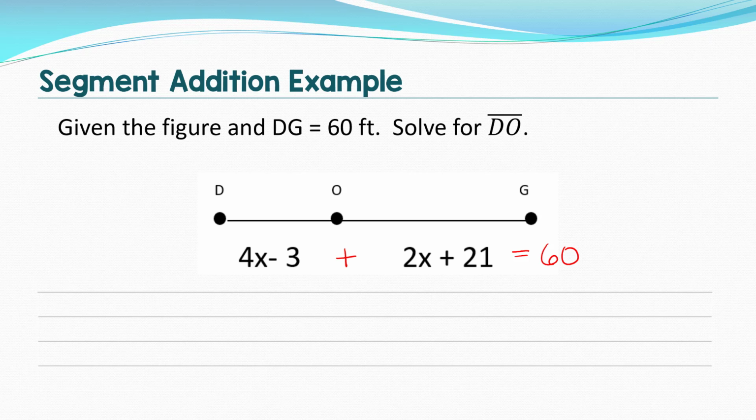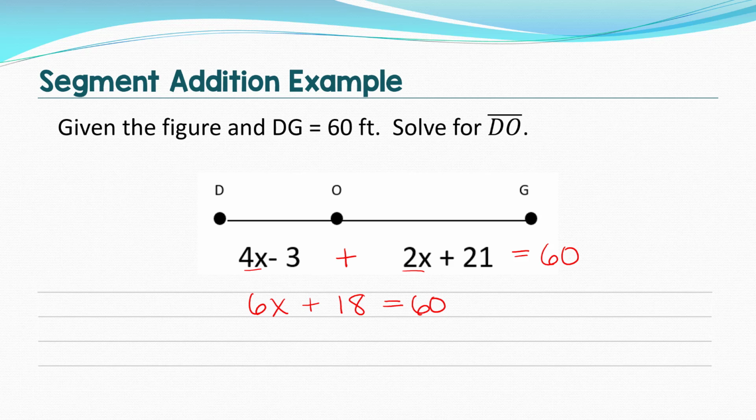Now we just have to do what we've practiced recently. We're going to combine like terms. I have an x here and an x here, so that's going to become 6x. I have a minus 3 and a plus 21 on the same side, so 21 minus 3 is 18. So 6x plus 18 equals 60.